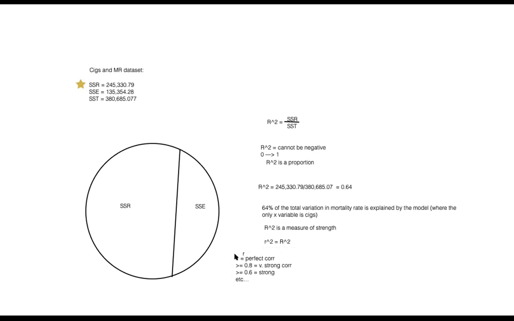But because Pearson's R squared is R squared, you can actually take this value and square it. 0.8 squared gives you 0.64. So that simply means that if R squared is greater than or equal to 0.64, then it is a very strong correlation.